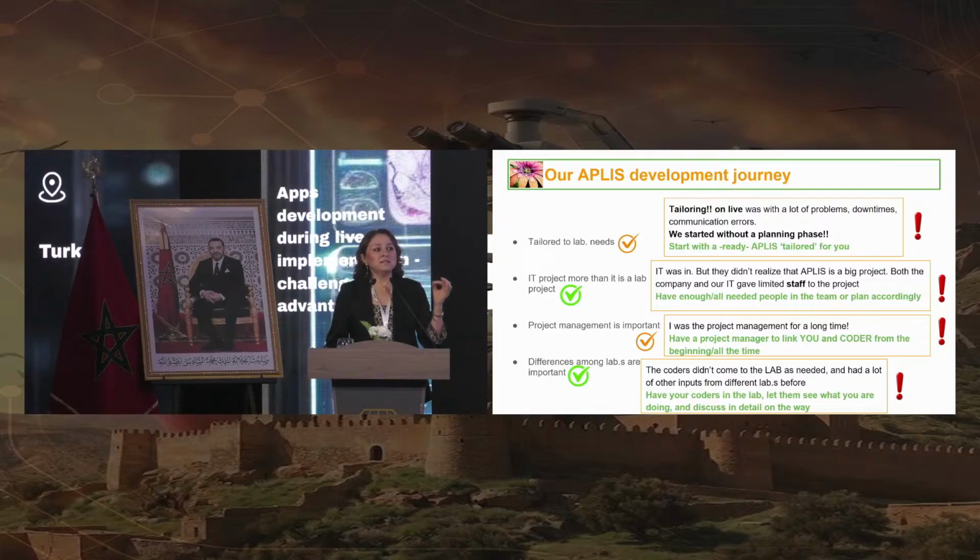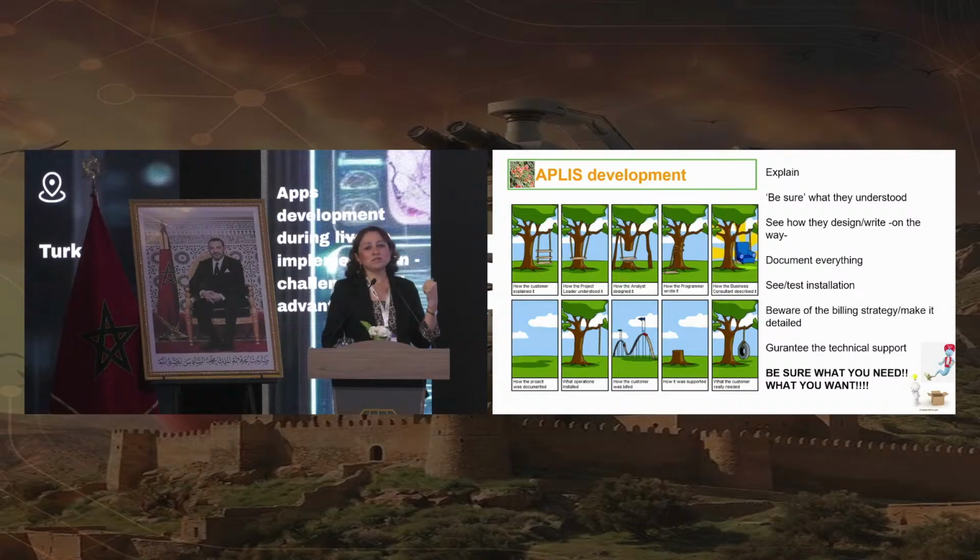So this is important, that you have the coders in the lab. And be sure that what you are saying is what they are understanding. We have several scenes like this. You said this. Yes, I said, but what did you understand? So there are a lot of discussions on this. So the communication matters, and the coder should know what to do, what you want, what you are doing in the lab. So for software development, this cartoon is so good.